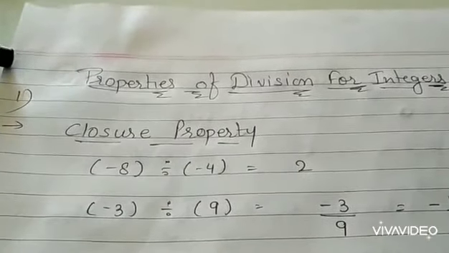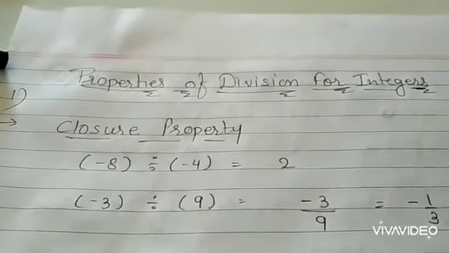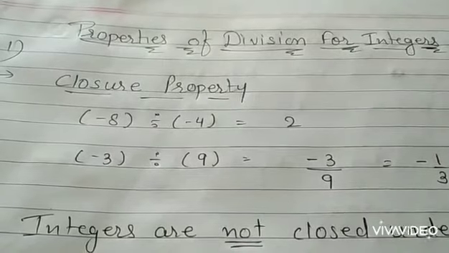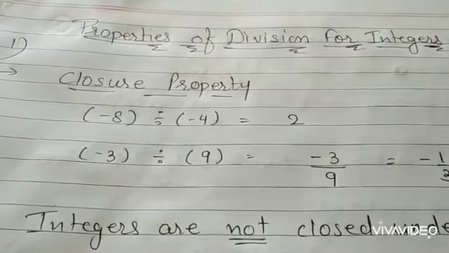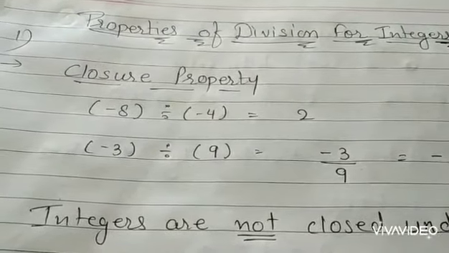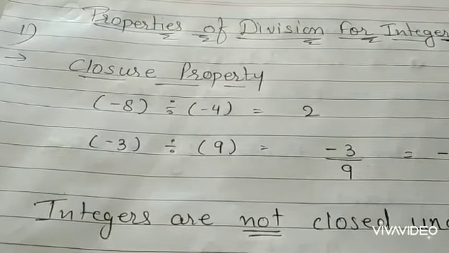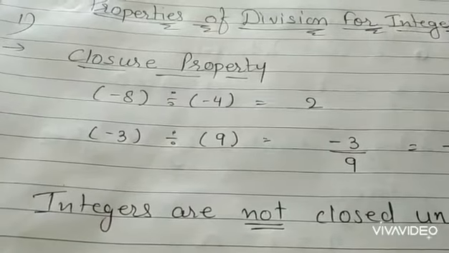Now we will discuss the properties of division for integers. We have discussed closure property, associative property, commutative property and distributive property for addition, multiplication and subtraction in earlier videos.